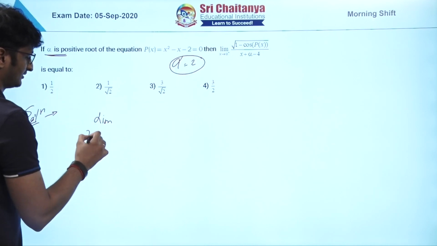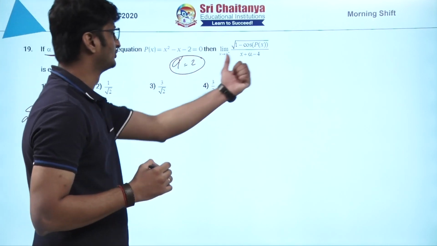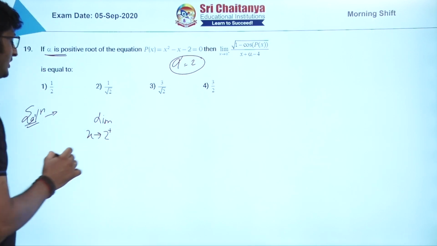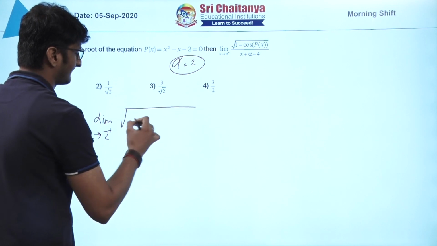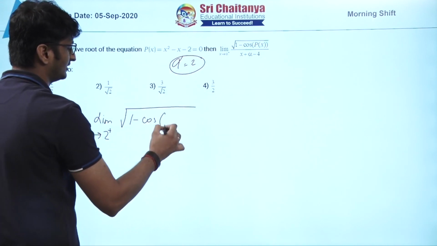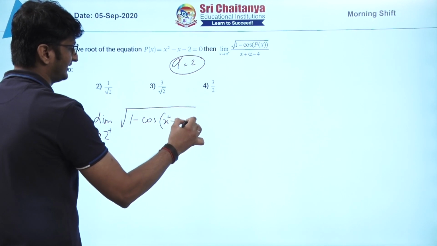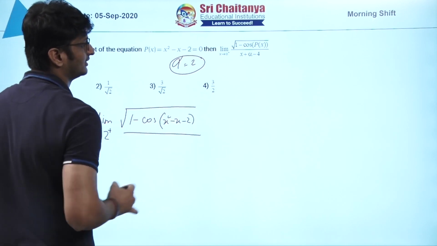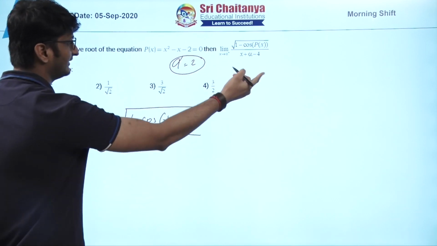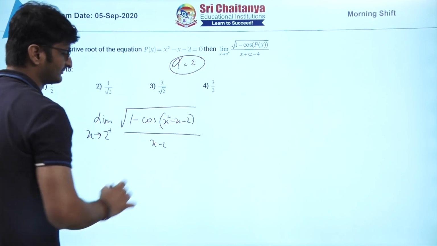x, let me write 2 plus, in place of alpha I am writing 2 plus, correct, 1 minus cos of Px, Px is this one, x square minus x minus 2, x plus alpha minus 4, which we have already written, so it is nothing but x minus 2.